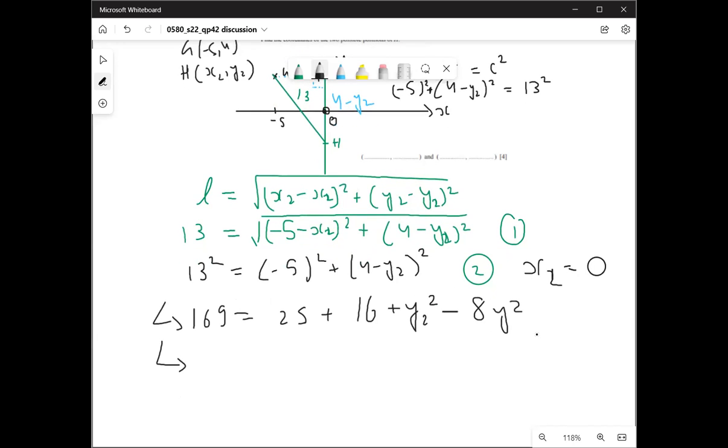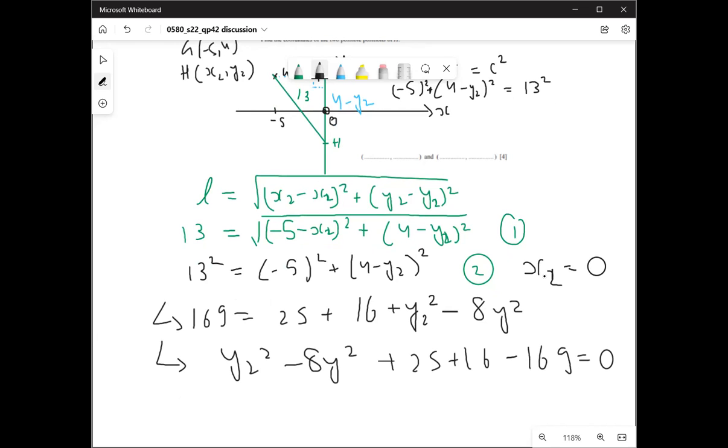Now you have a quadratic equation right here. I can rewrite this as y2 whole squared minus 8y2 plus 25 plus 16 minus 169 is equal to 0.